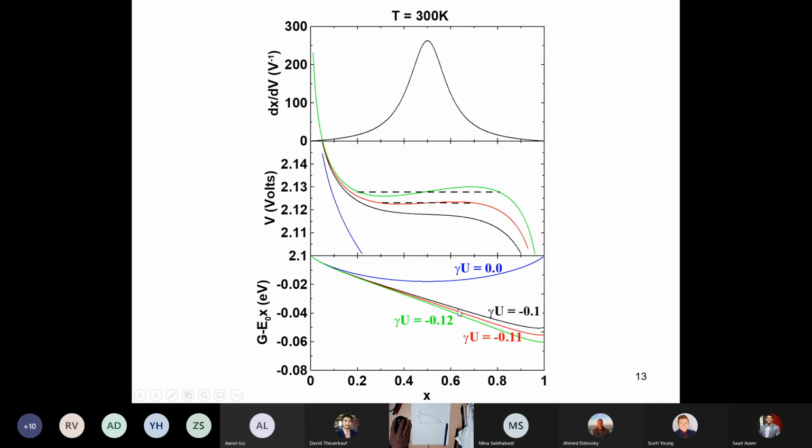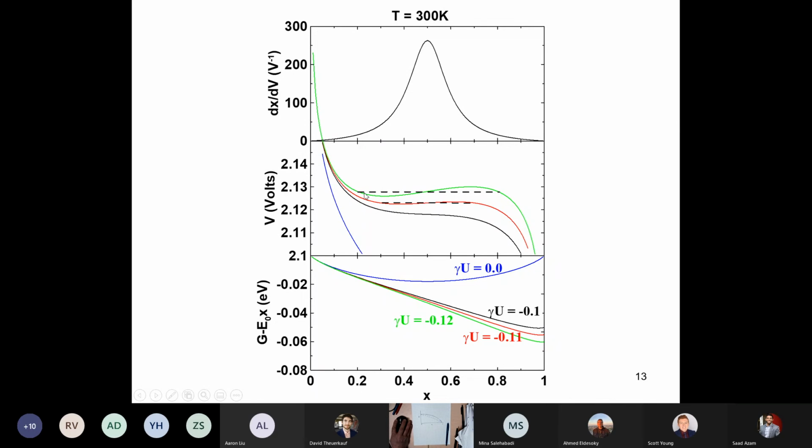If you were to draw the line on the graphs below, where you draw the tangent to this point and that point, you'll get a free energy curve that's slightly lower than the green curve. And that, of course, would have a constant slope. A constant slope means a constant voltage, and the voltage composition follows the black dashed line as you see here.